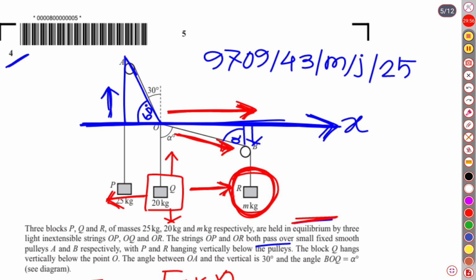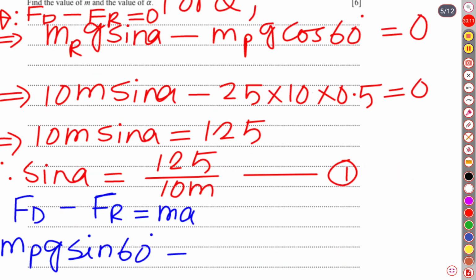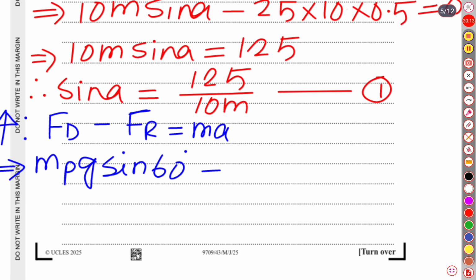This angle is lying below the x-axis. So how will we calculate this? Here the tension is mRg cos alpha, mass of particle R, g, then cos alpha.